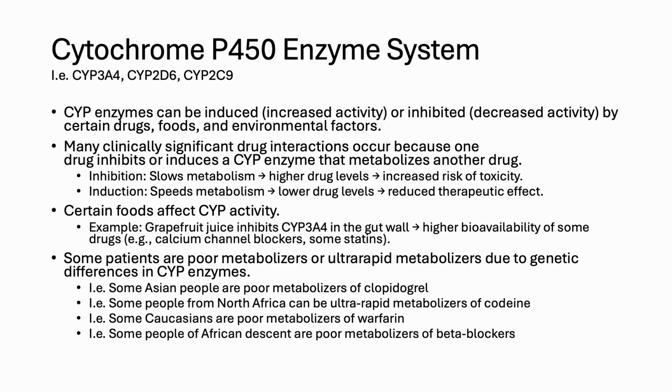It's just the way their cytochrome P450 enzyme system is, and it's just the way clopidogrel is. There are certain ethnic groups that tend to be ultra rapid metabolizers of codeine. So if you gave someone from North Africa, perhaps if they had this genetic alteration, a codeine, it may not even touch them. It may just be like taking a Tic Tac. Does not affect them at all.